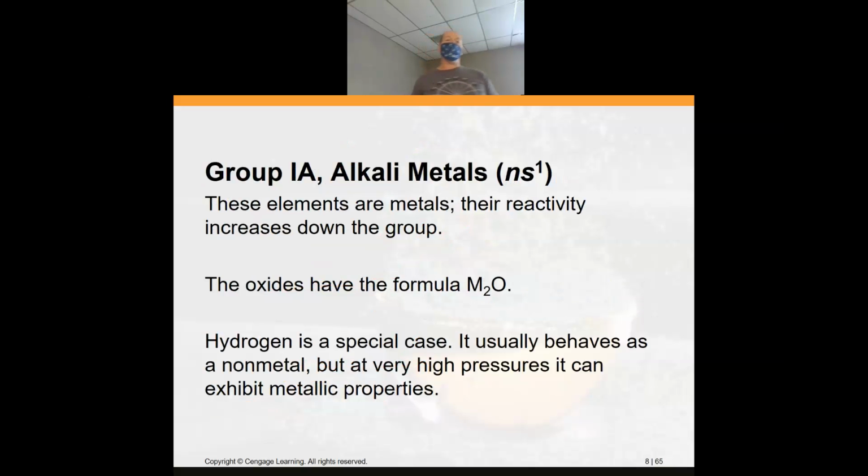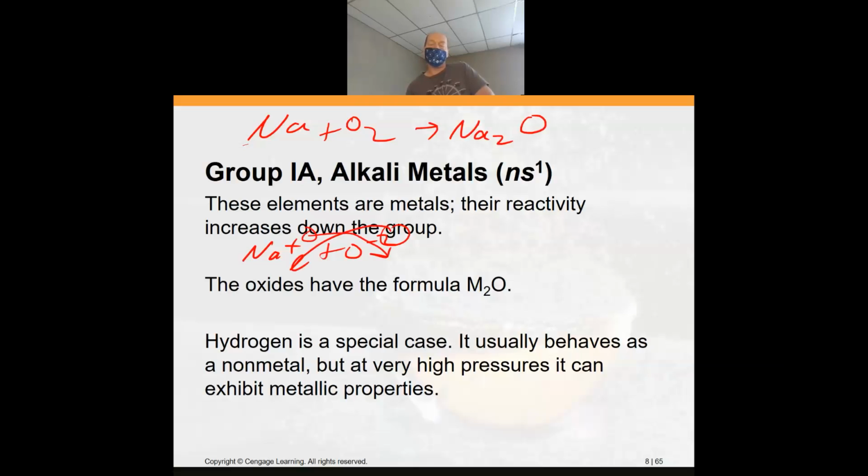All right, so we did group 1A. That's your sodium-potassium group. So we did sodium. We added oxygen, so that's in the +1 column. And so you had an Na in the +1 column, and you have oxygen in the -2 column. Again, the 2 goes there, the 1 goes here, and just like before, Na2O is our neutral compound.